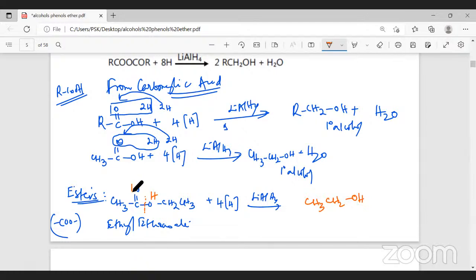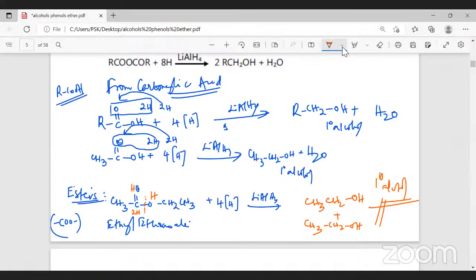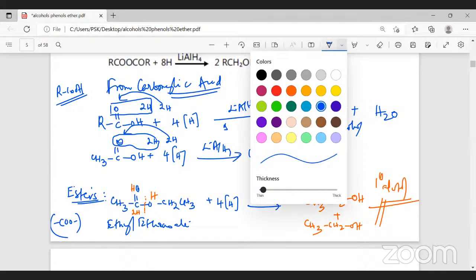The second hydrogen attacks this oxygen, and the other two hydrogens attack this carbon. So you will again get CH3CH2OH. So you'll get two moles of ethanol, and this is a primary alcohol. So esters also, when we reduce them using lithium aluminum hydride, give alcohol as the product.